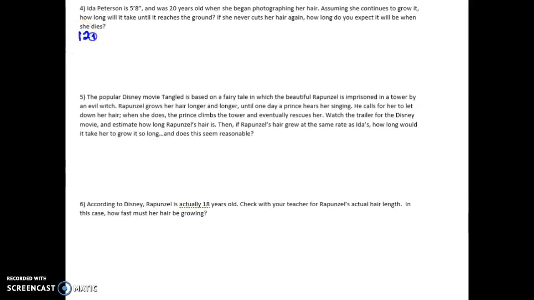Remember, our x value is the months, and our y value is the length in inches. So months are our x, length is our y. We know 12 inches, and we want to know how long it's going to take.